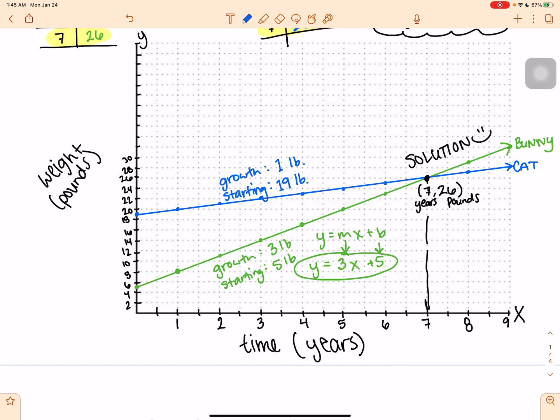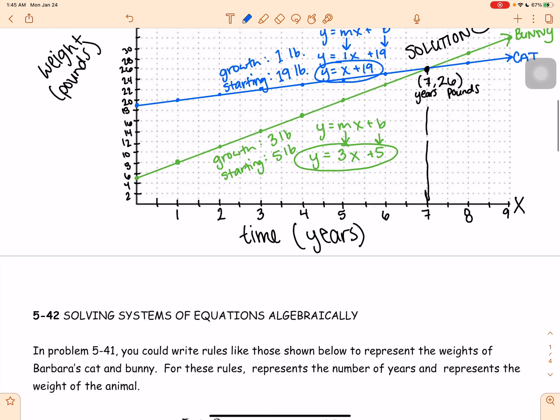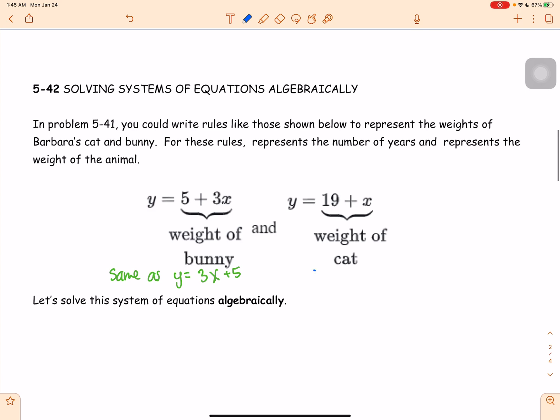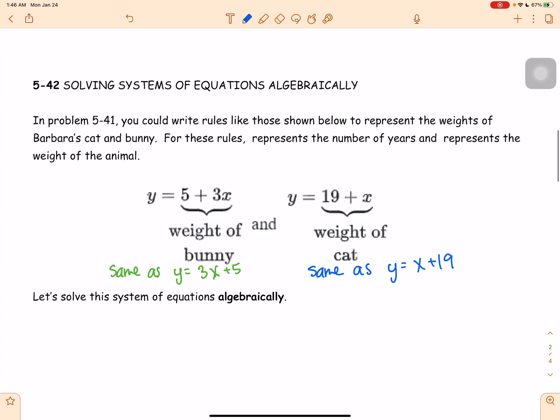Okay, so in y equals mx plus b, the growth is 1, the starting weight is 19, y equals 1x plus 19, or you can just write that as x plus 19. And that would be the rule for the cat. Okay, so they wrote the exact same rule, but they just wrote it as 19 plus x. That is the same as y equals x plus 19. They just wrote it with the starting point first.